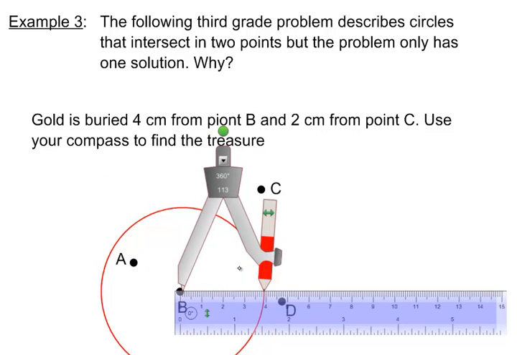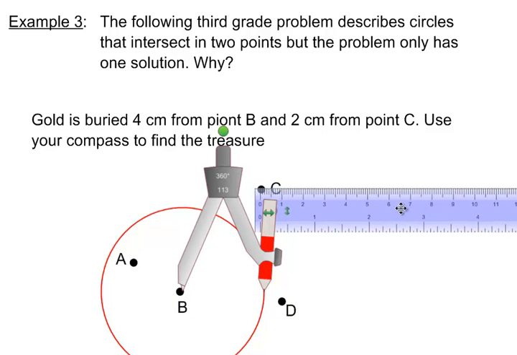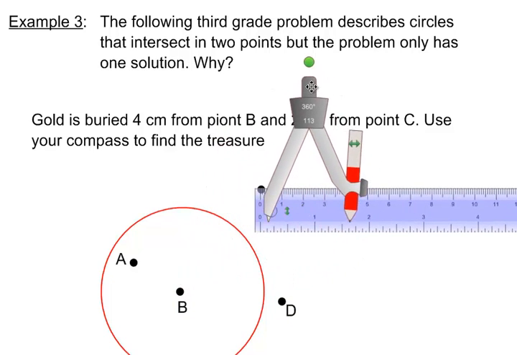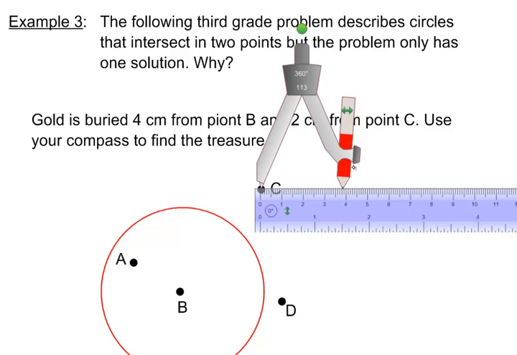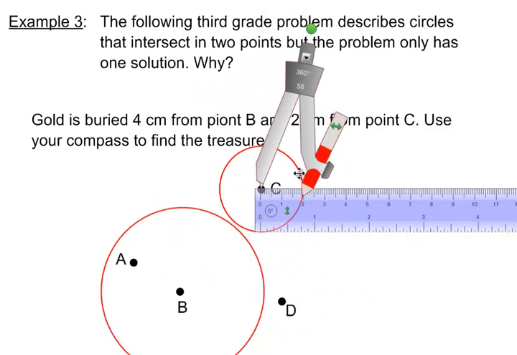There we go. Then it says we're 2 centimeters from point C. So I'm going to move this and go 2 centimeters from point C and draw my circle. Okay, I think that they are supposed to intersect.